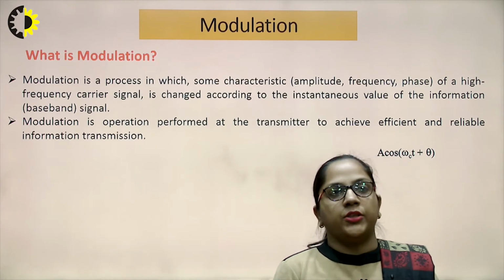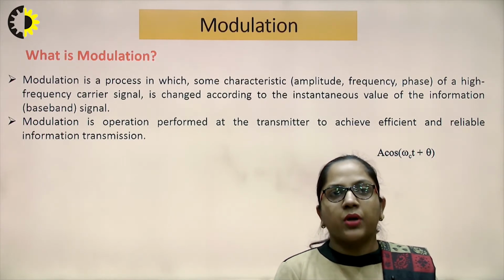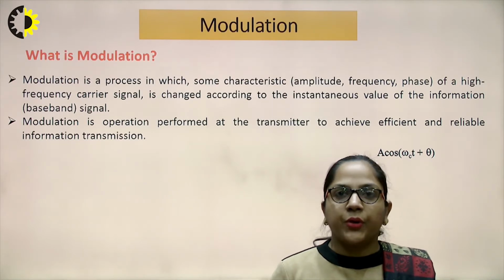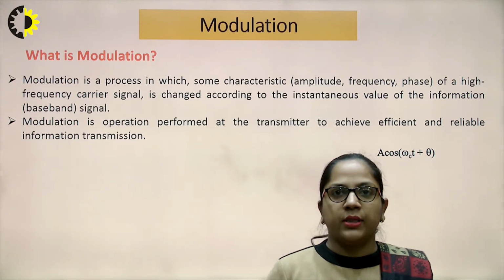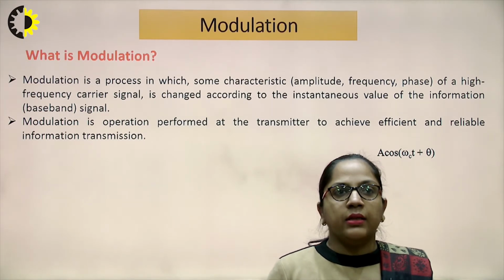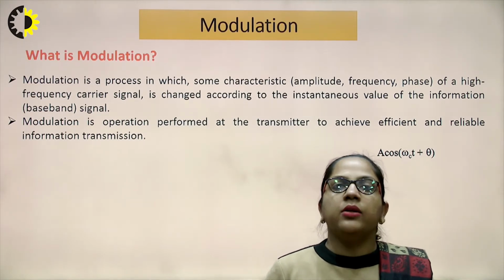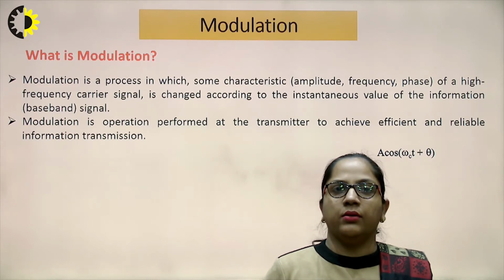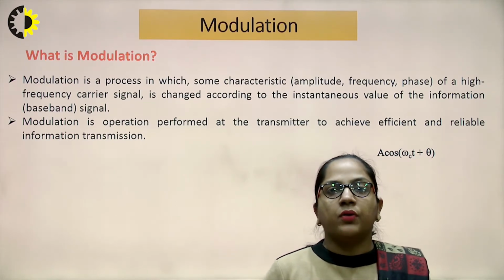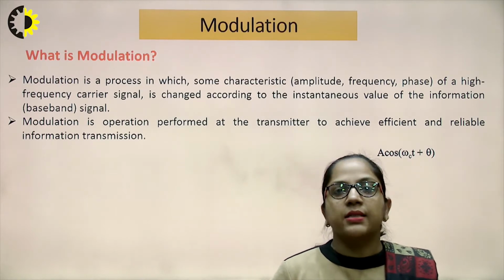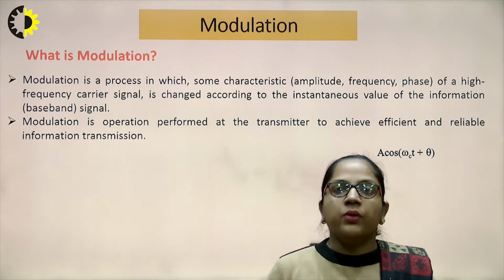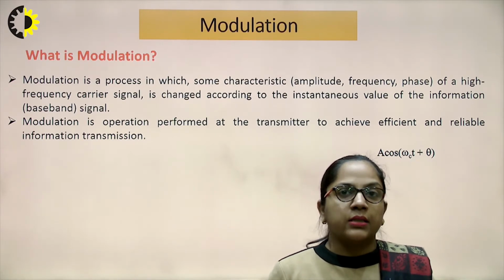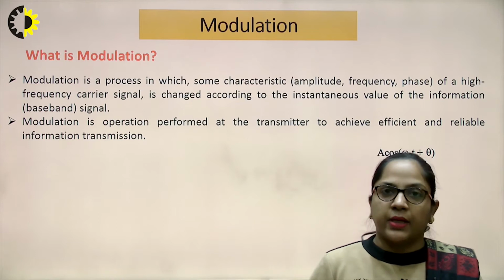What is modulation? Modulation is a process in which some of the characteristics like amplitude, phase or frequency of a high frequency signal, that is commonly known as a carrier signal, is changed according to the instantaneous value of the information or the message signal. We know that the information or the message signal is a low frequency signal that is also known as a baseband signal.